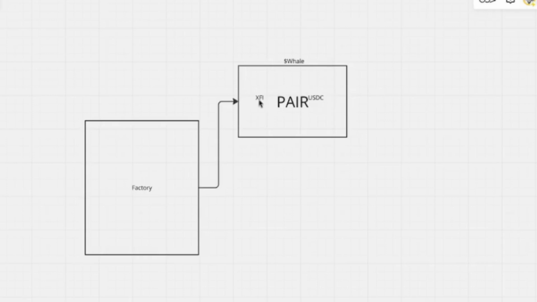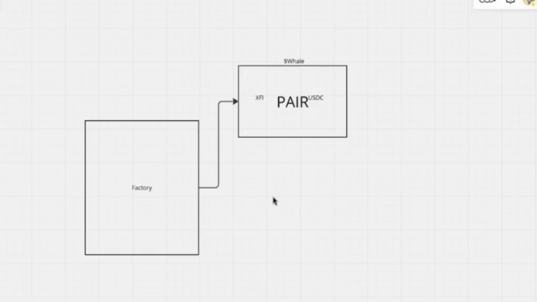Two of them are part of the pair contract and another one is just for tracking the contribution of the liquidity provider in creating that pool. This pair will contain all of the XY and USDC provided by liquidity providers, so that if someone provides USDC, they can get some of the XY in exchange, or if someone provides XY, they can get USDC in exchange.